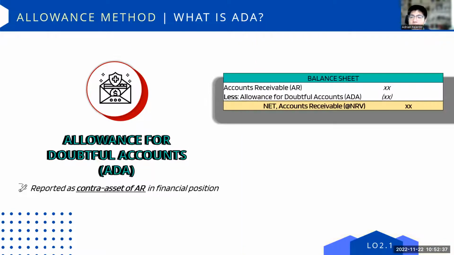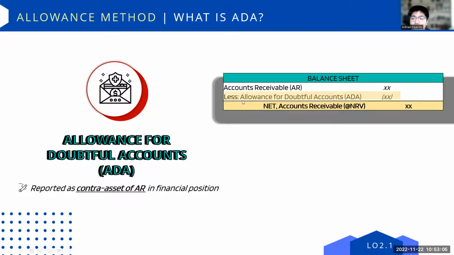So, in essence, what we're saying is that more than the AR balance, ang hahanapin sa inyo in the quiz or in the exams would be what would be the net accounts receivable? And that would just be AR minus ADA is equal to your net accounts receivable. That's the time you can be sure na it's reported at cash NRV or its net realizable value.